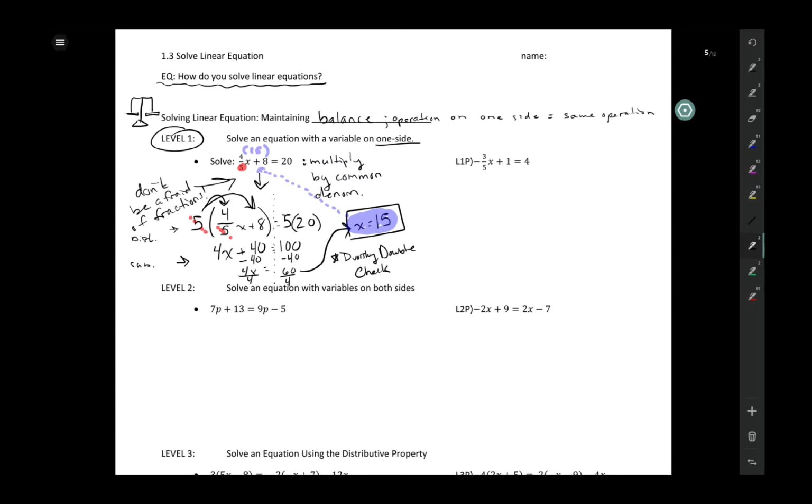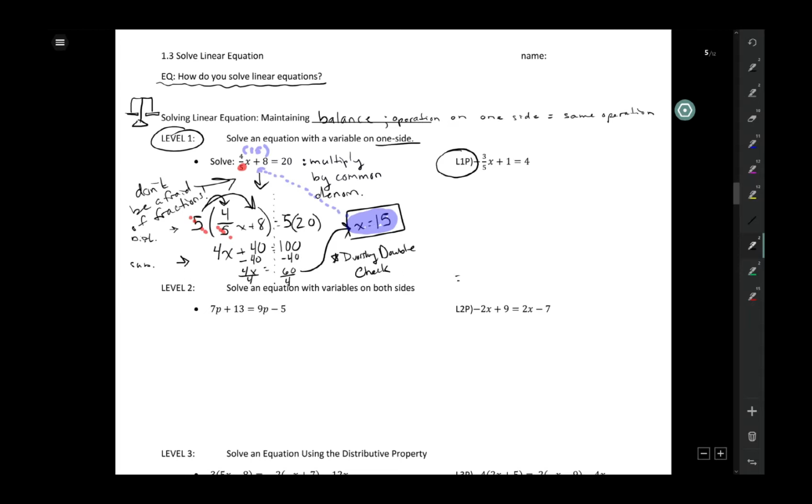L1 practice, I'll leave that up for you. That is a -3/5 x. At the end, I'll give you the solution. But L1 practice, that's for you to try, okay? So I'll let you know that at the end.